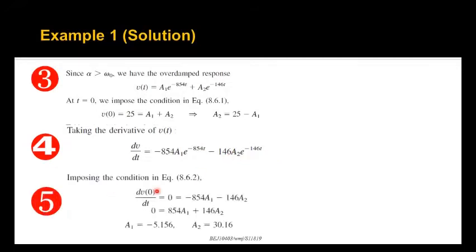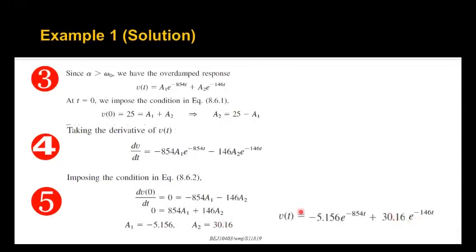Imposing this initial condition, we substitute the value that you found in step 2, where your dV0/dt is actually 0. And this one also, exponent 0 is 1, so it leaves you with this equation. Since you have two equations, your A2 is actually 25 minus A1. You substitute into this and you get your A1 and A2.